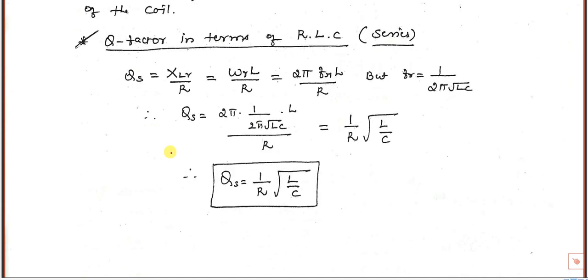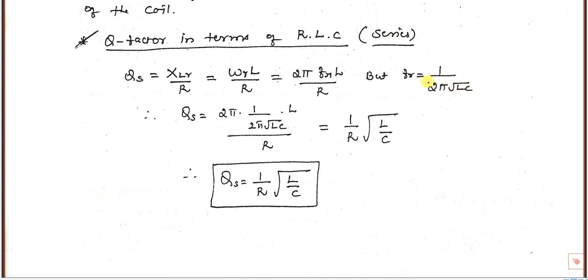So how to express quality factor? Another formula. For the formulas, you require this one more formula. So Q is given by omega L by R. At resonance, omega is represented as omega R. So 2 pi FR into L by R, that is inductive reactance by R. But FR is given by 1 over 2 pi root LC.